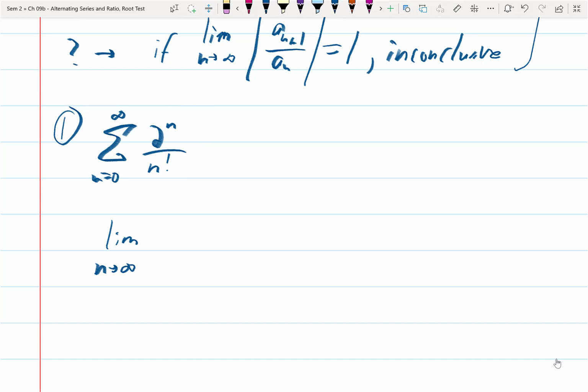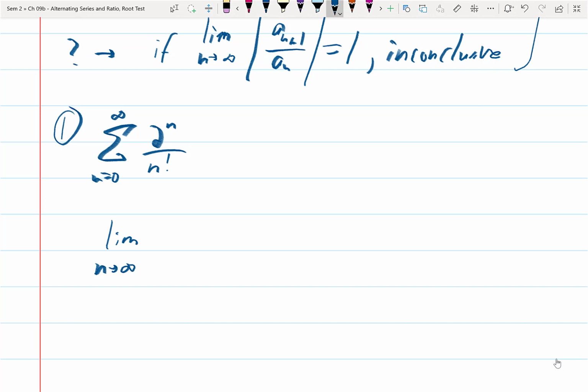I told you guys that we can kind of show that 2 times 2 times 2 times 2 over 1 times 2 times 3 times 4 times 5, the denominator blows up, and by the nth term test this approaches 0. But I'm not sure about the series. I know the nth term approaches 0, but the nth term test is not a test for convergence. It's only a test for divergence.